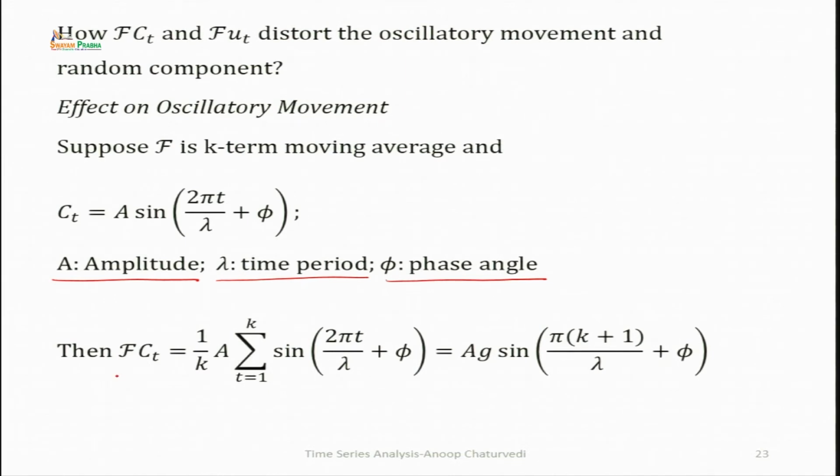Then f c t is the k term moving average of C t, or 1 upon k summation t equal to 1 to k sin 2 pi t upon lambda plus phi, and if you add this sine series, then finally you obtain a into g sin pi k plus 1 upon lambda plus phi.